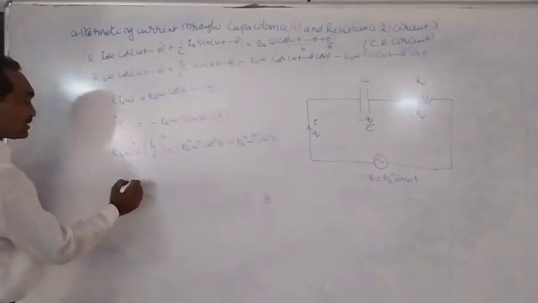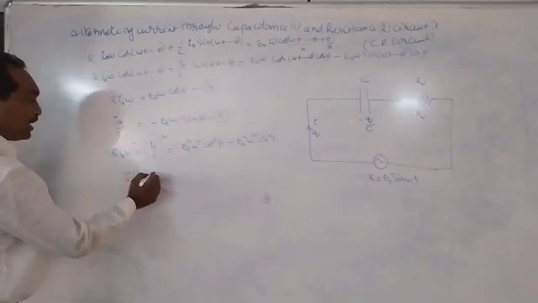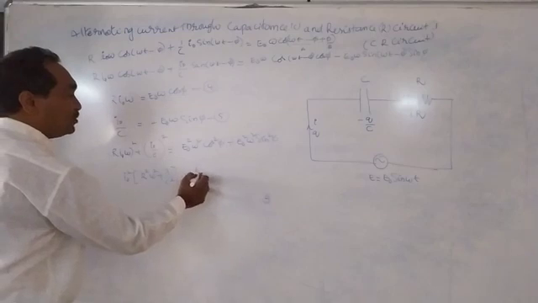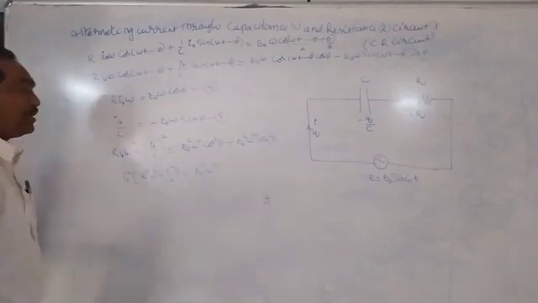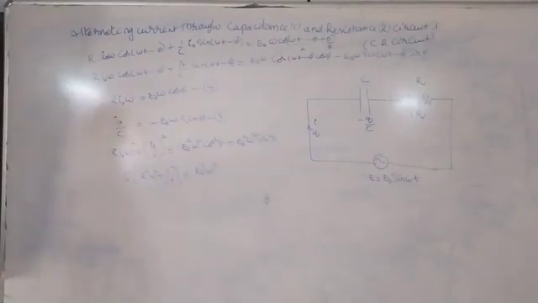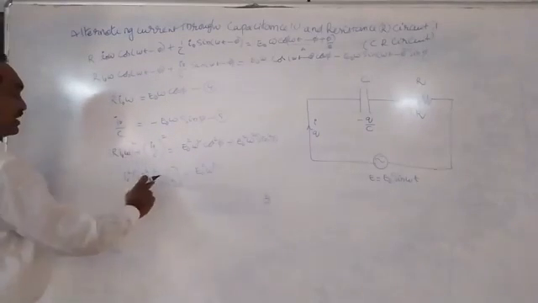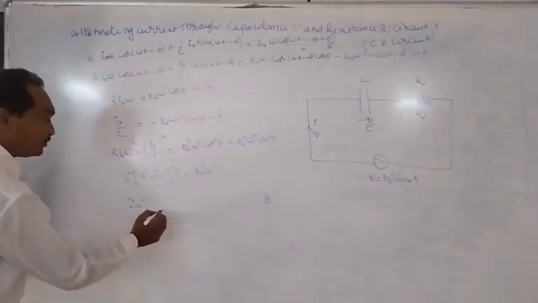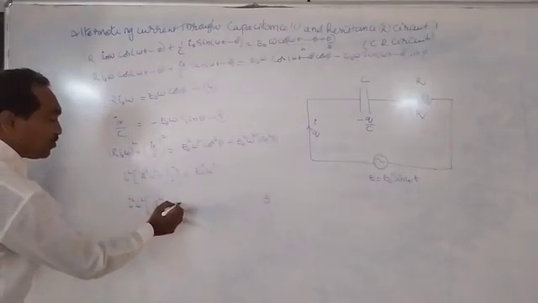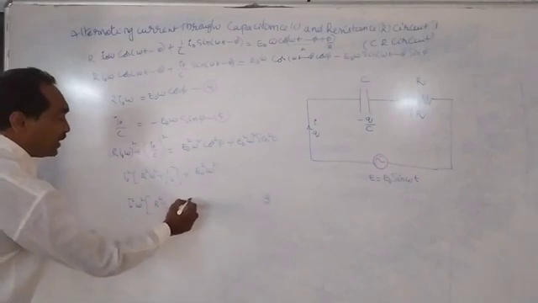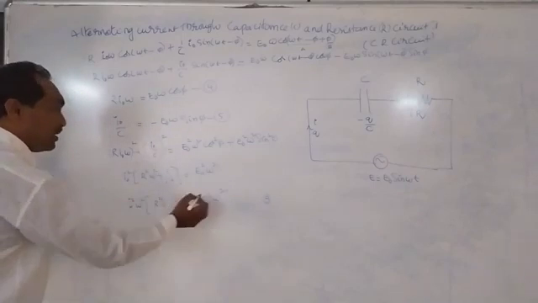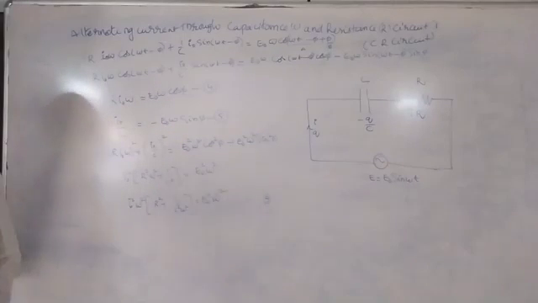I naught square is taken as common: R square omega square plus 1 by C square is equal to E naught square omega square into (cos square phi plus sin square phi), and sin square phi plus cos square phi is 1. Omega square is also taken as common: (R square plus 1 by C square omega square) is equal to E naught square omega square, where omega square cancels each other.